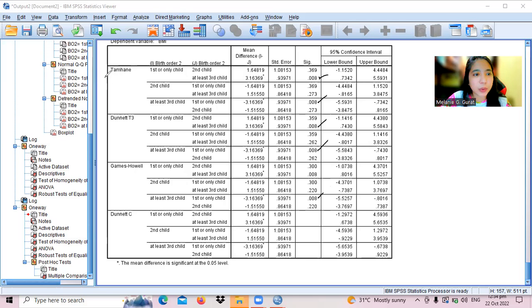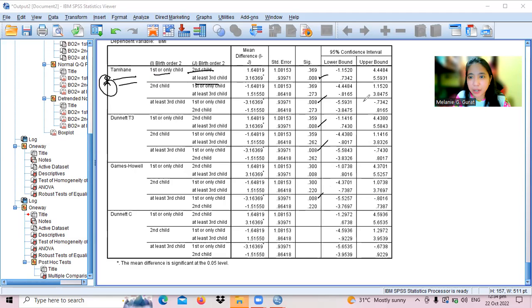So focusing only on one particular test, for example the Tamhane test, the only one with an asterisk is this, indicating that when we compare the first child with at least the third child, the result is significant. But if we compare the first and the second child, it is not significant.